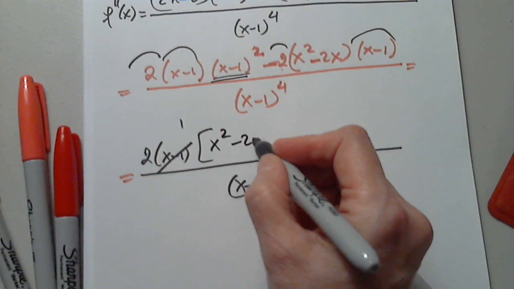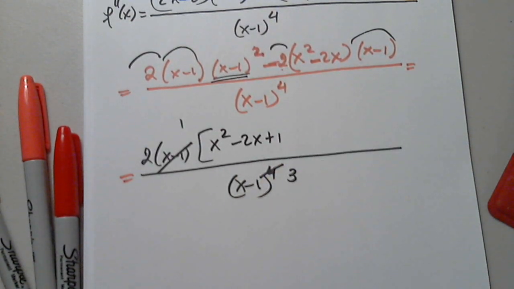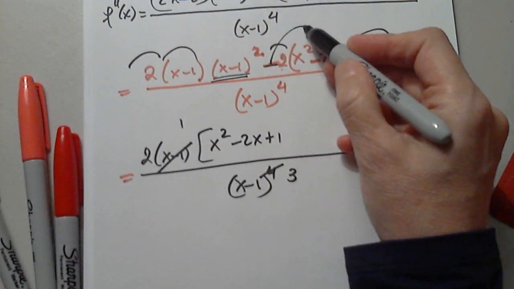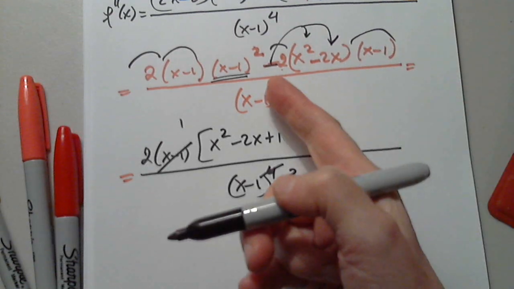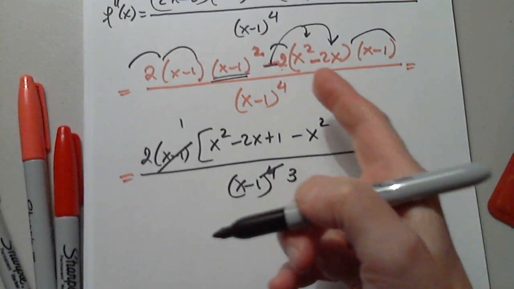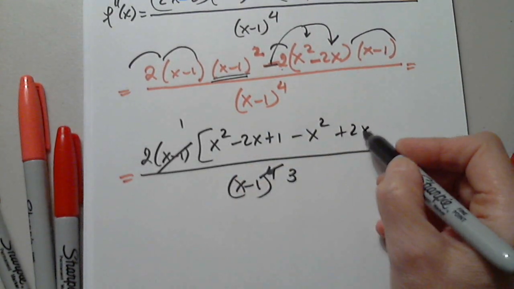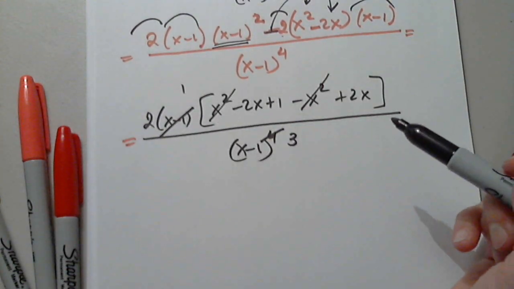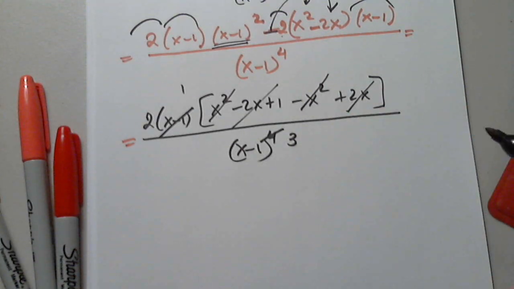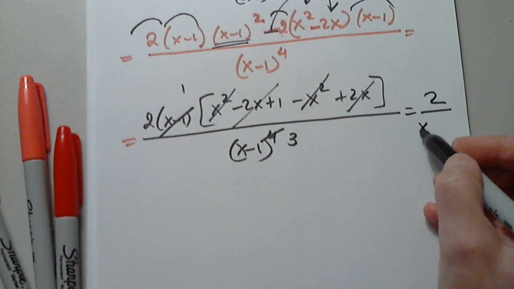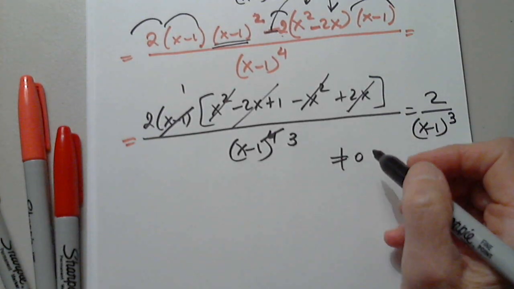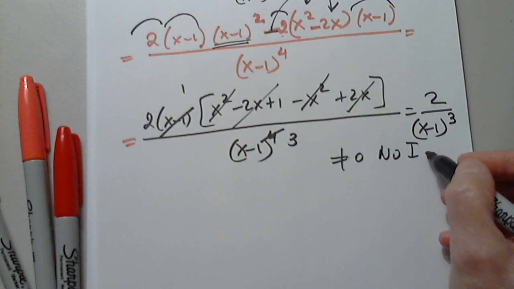It's x squared minus 2x plus 1. This is gone and this is gone, but I have a minus sign to be distributed to these two. So minus x squared, but plus 2x. So gone, wonderful. Gone, wonderful. 2 over x minus 1 to the third. This is never 0, so there are no inflection points.